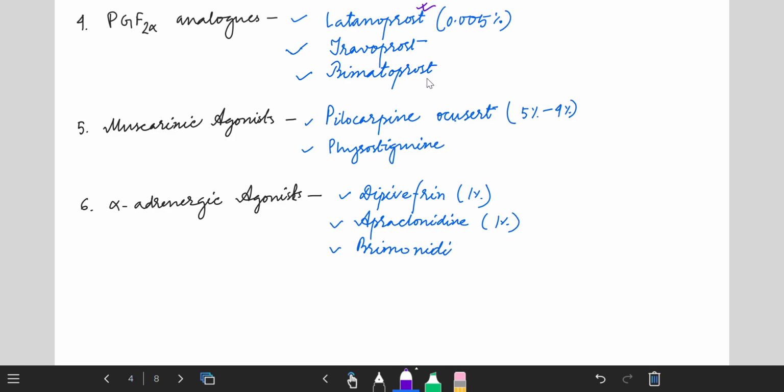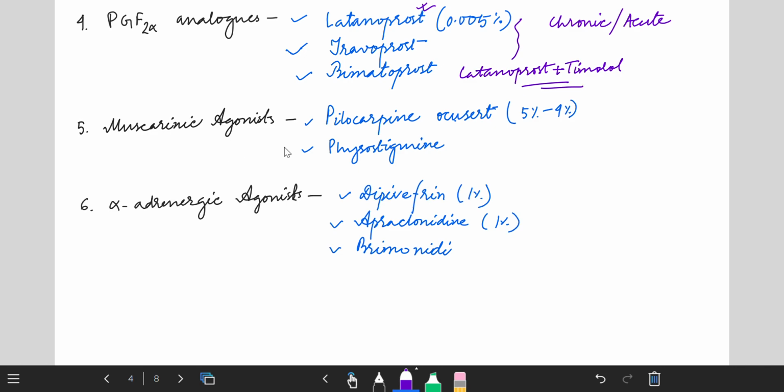So Latanoprost, Travoprost, Bimatoprost are the drugs of choice for chronic as well as acute. Okay, and in the market a combination of drugs is used, that is Latanoprost plus Timolol. This combination is preferable for the treatment of glaucoma.